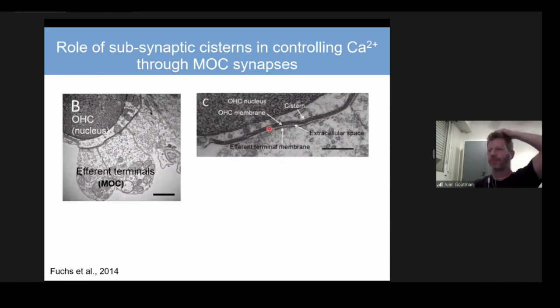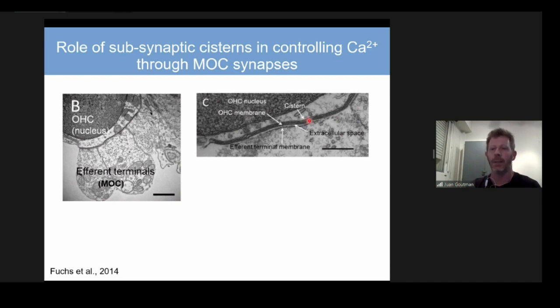As I mentioned before, there's a system located very close to this synapse. These are electron microscopy images by our friend and colleague Paul Fuchs. On the left, you see the base of the outer hair cell, the nucleus, and 2 different MOC, or efferent, terminals. On the right, you can see a detail of the synapse, the contact zone between the efferent terminal, the MOC terminal, with the vesicles in the interior.